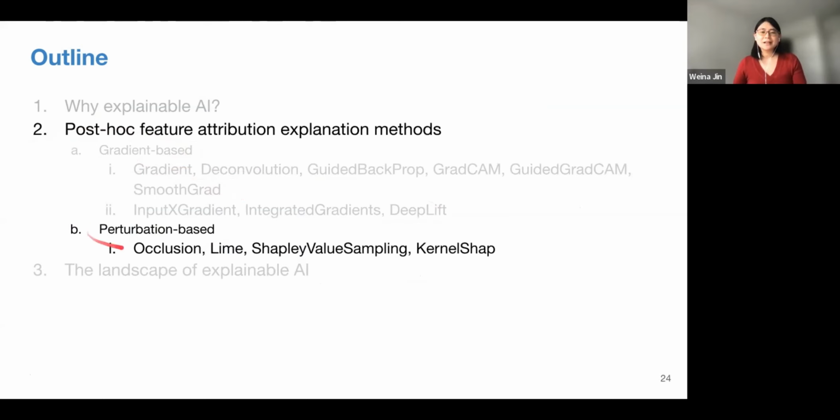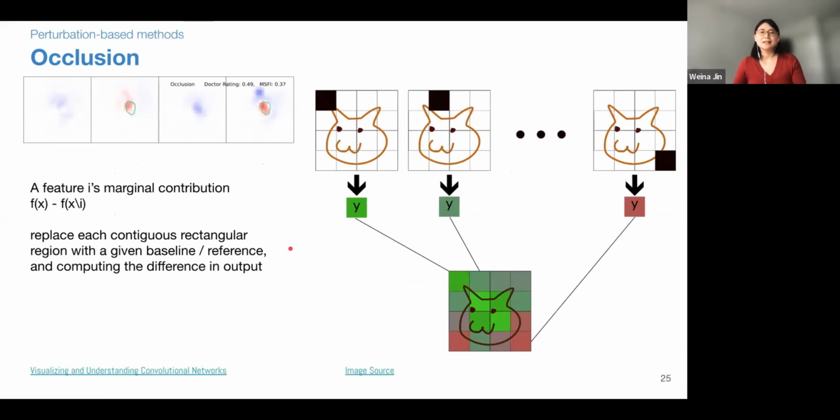Next, we look at another line of approach using perturbation-based methods. For the perturbation-based method, they perturb the input and collect some input-output pairs. One straightforward idea is to use a sliding window approach, occlude part of the input, and see how the output or the performance changes.